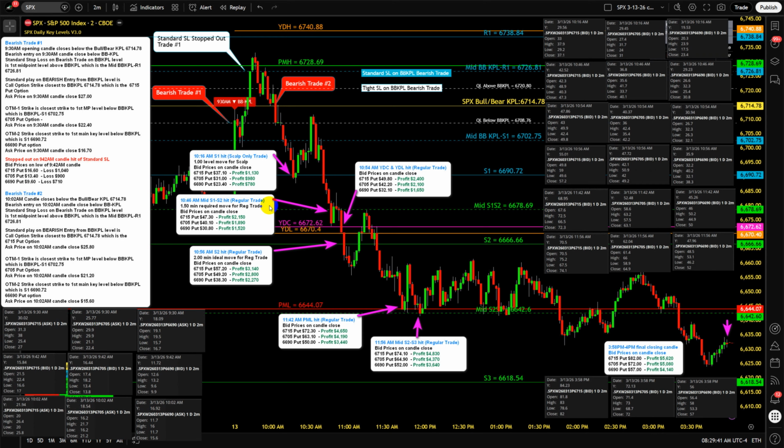So you're exiting the majority of your contracts to lock in profits and close those out. And then on the remaining runners, you want to de-risk them by moving the stop loss to either break even or break even plus the minimal profit buffer like we talked about.